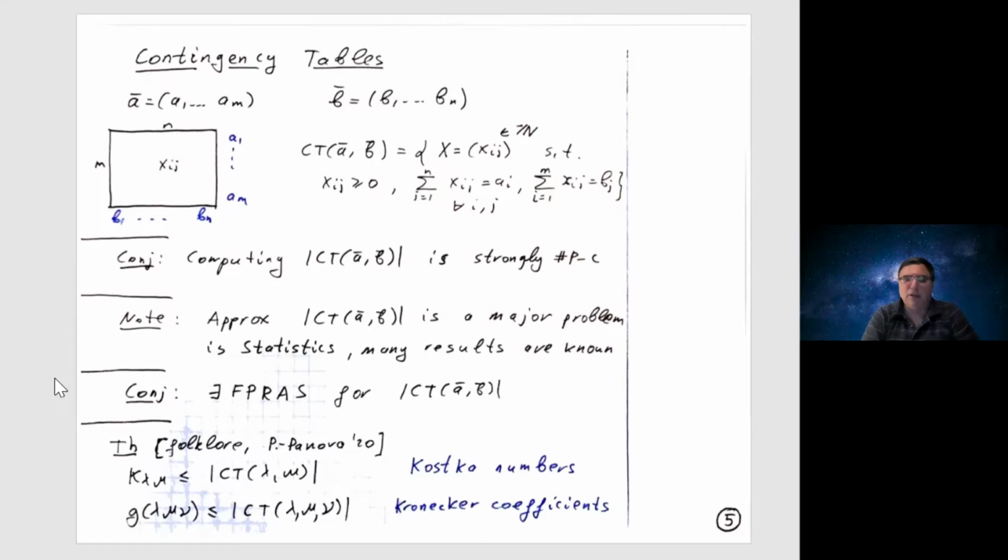That's our recent result with Greta Panova. I don't mean for you to explain what these Kronecker coefficients and Kostka numbers are, but the point is any upper bound that one would have for the number of contingency tables gives an important application in algebraic combinatorics for things we care about.